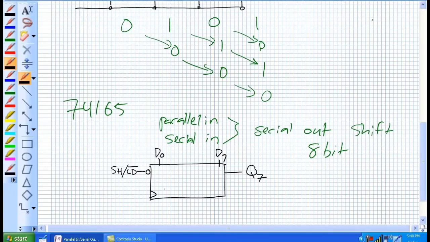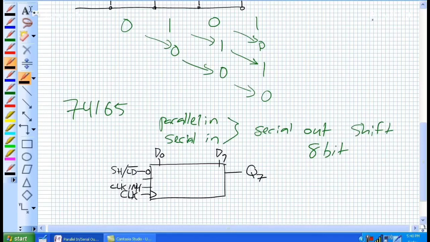It's got our clock. It's got this special thing called a clock inhibit. So if you basically want it to ignore the clock, just put a high on that clock inhibit for the brief moment you want to go ahead and ignore it. That means, okay, shift, shift, okay, stop. Everybody stay where they are. Okay, shift, shift, shift. Basically, that's what a clock inhibit is doing.